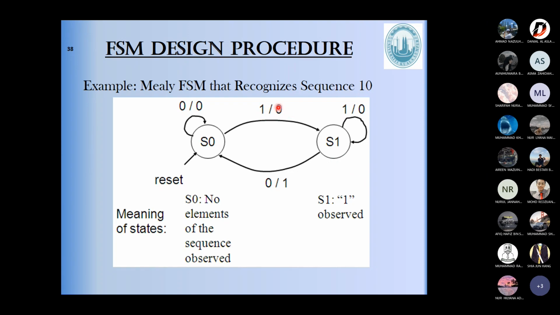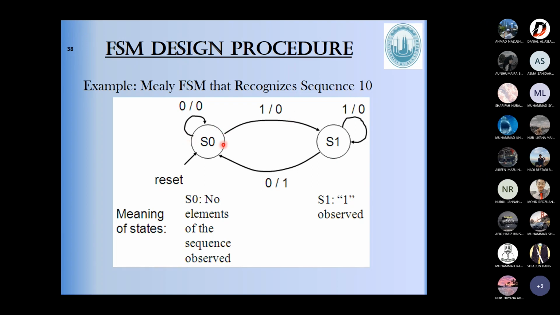Okay. Why is its output 0? Because it only found the first bit. It has only just found 1. It hasn't met 1, 0 yet. So state 0, on 1 goes here, and then on 0 it goes here. Okay, why?